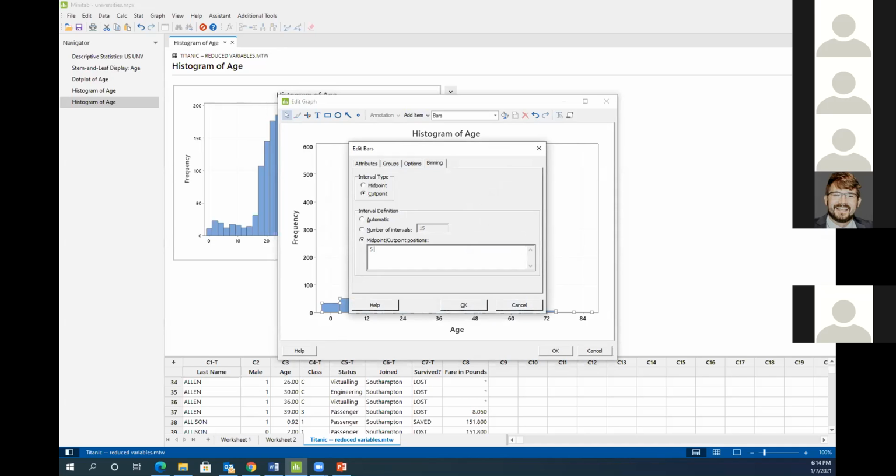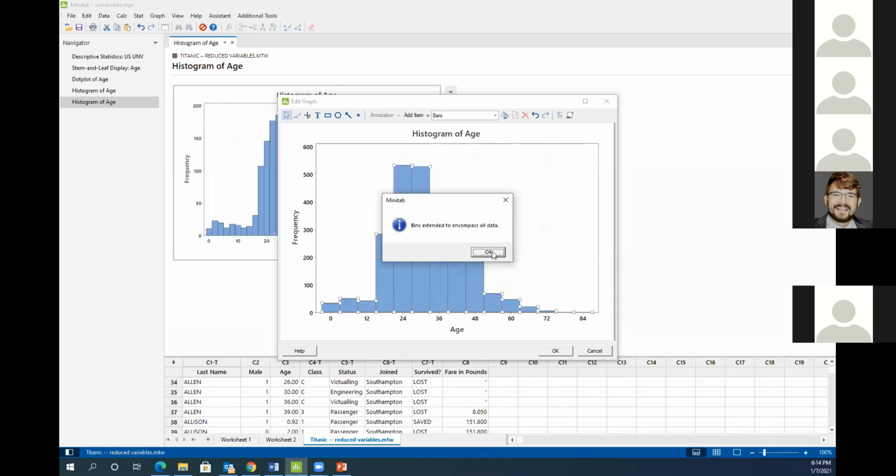First is 5, second is 10, third is 15, fourth is 20, fifth is 25, then 30, 35, 40, 45, 50. We were looking at 20 to 30, so I removed 25. Next is 60, and the last is 75.